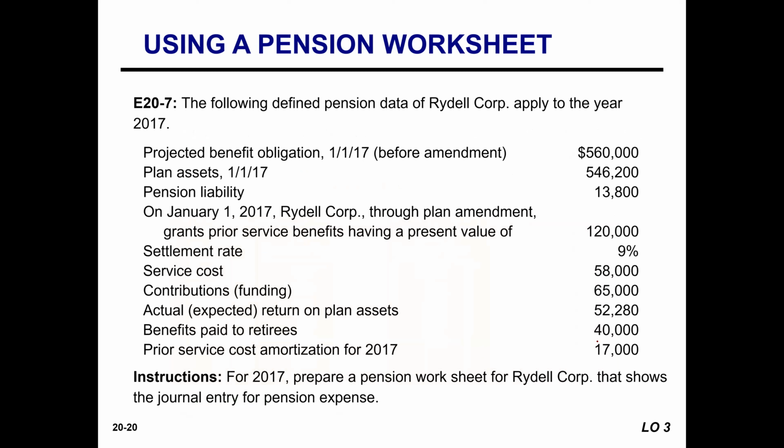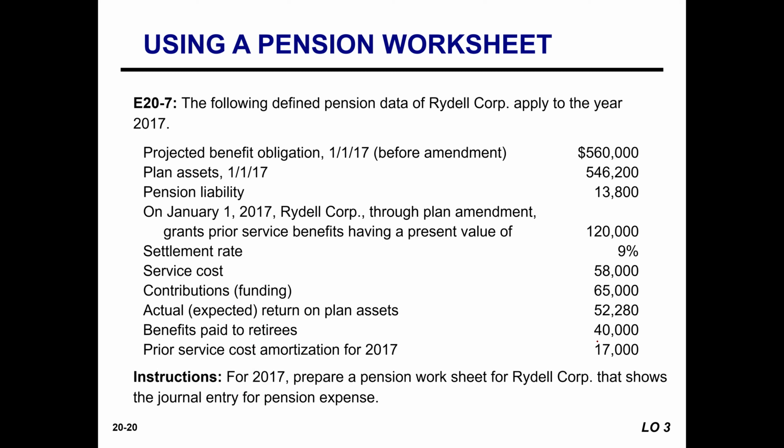And so it says, use the following defined benefit pension data of Rydell Corporation, apply to the year 2017. So again, this is the original pension worksheet. Maybe it doesn't actually show us this example in the book, but anyway, that's okay.